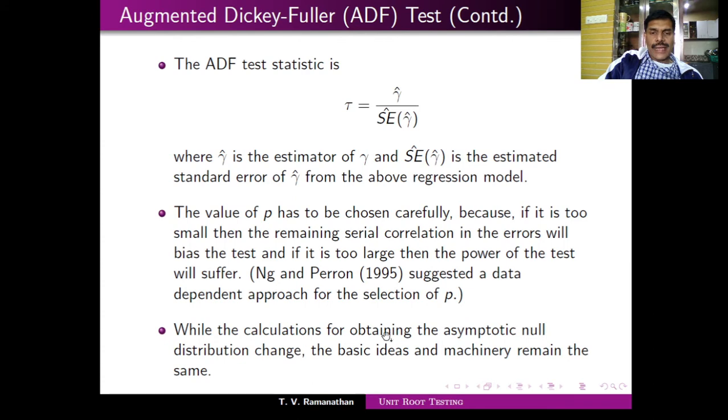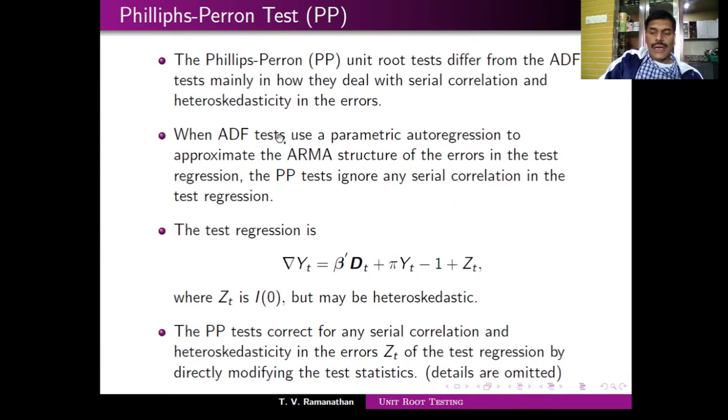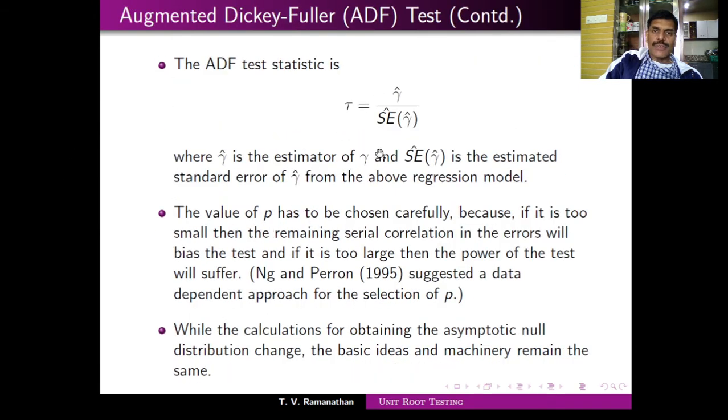While the calculations for obtaining the asymptotic distribution change for different choices, the basic mechanism remains the same, and you can use the asymptotic distribution of the Dickey-Fuller test that is available. The same distribution can be used here also.